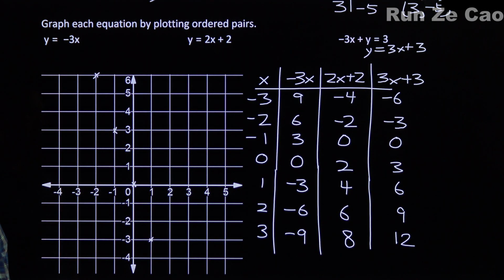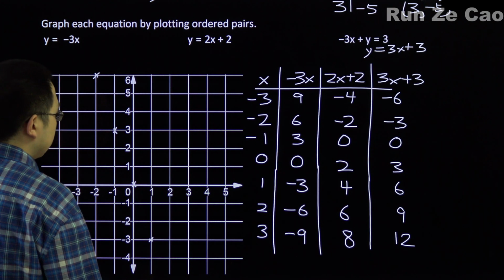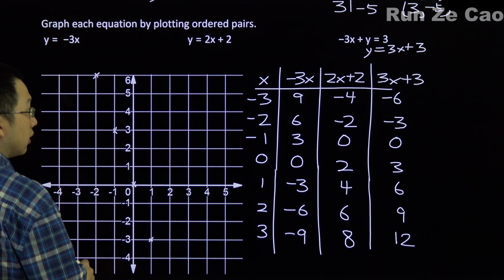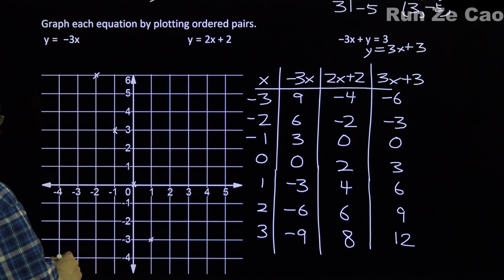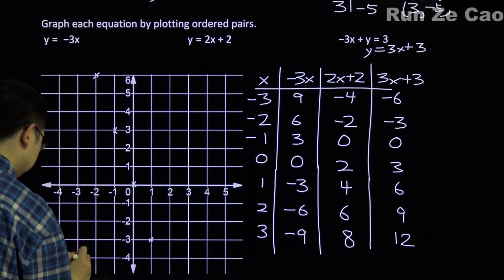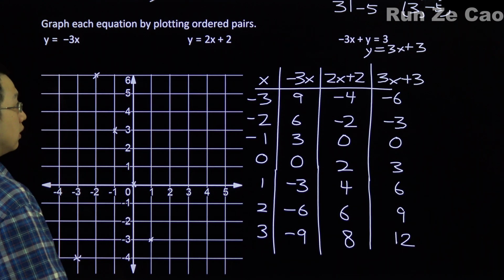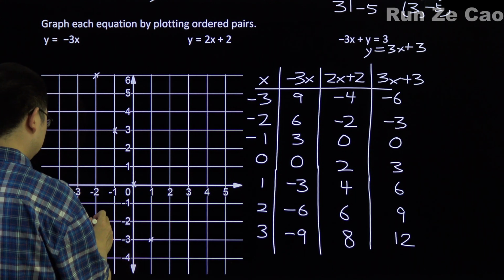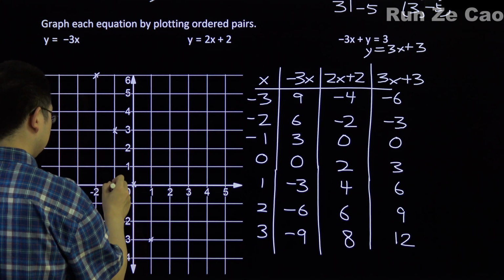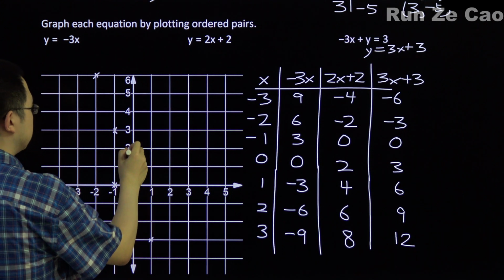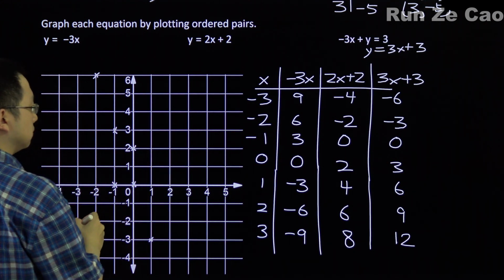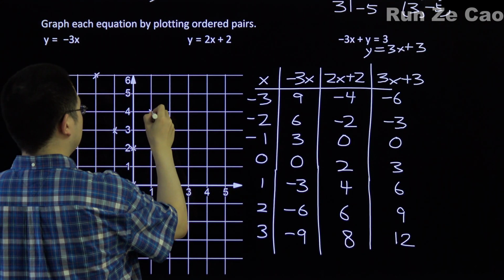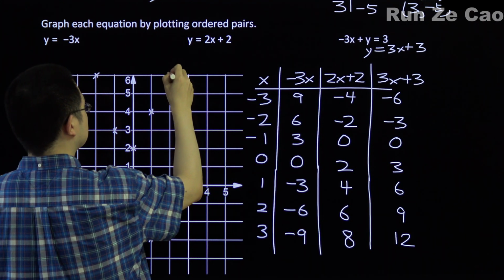For 2x plus 2, we enter the plot at (-3, -4), (-2, -2), (-1, 0), (0, 2), (1, 4), and (2, 6).